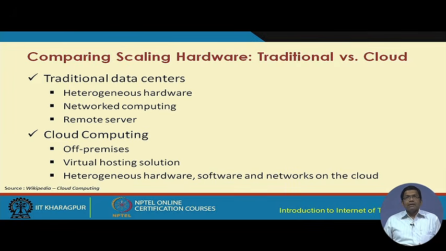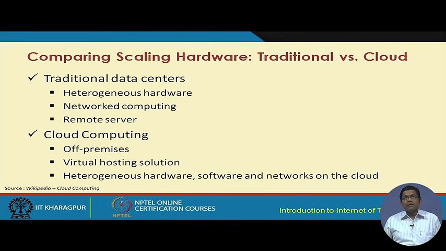That used to be the traditional way of getting access to different computing resources. Getting access to a remote server means data centers would be hosted remotely, and through this hardware and the networked environment, the users get access to the servers and computing needs. That used to be traditional.